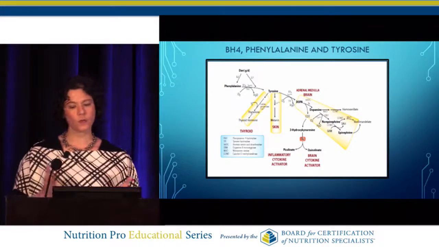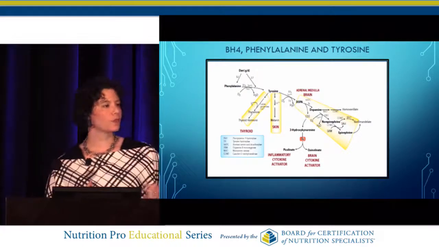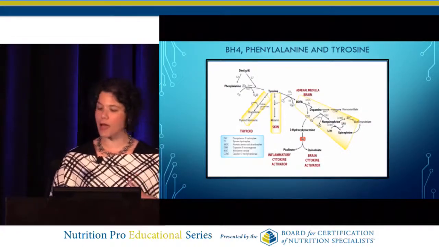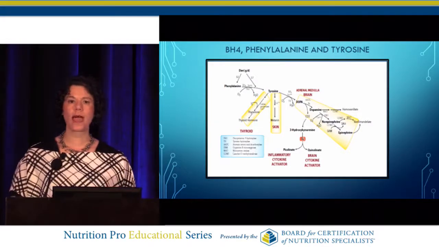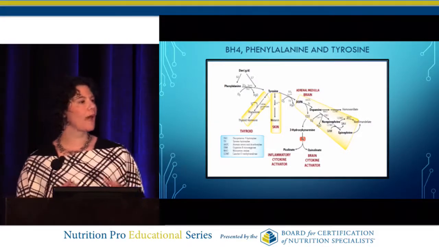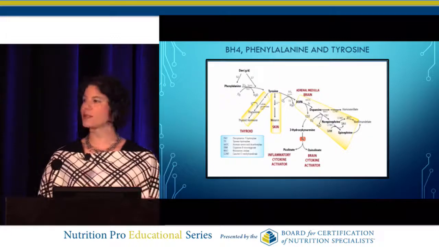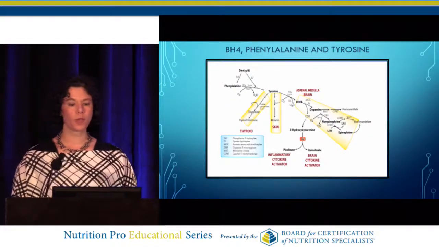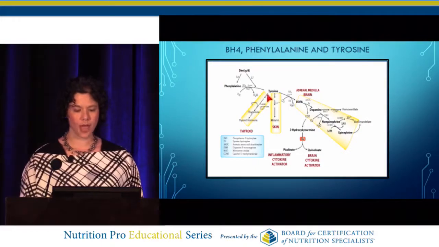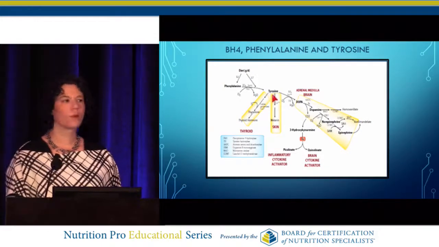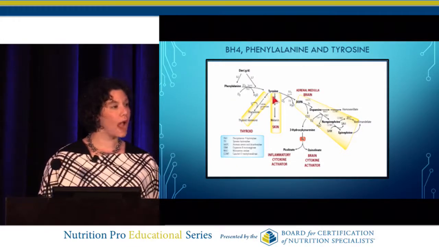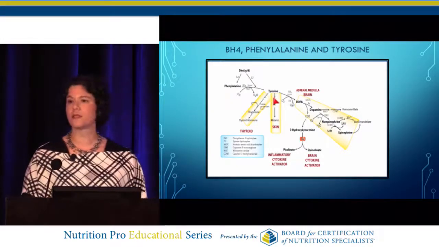We're going to talk about the creation of dopamine, norepinephrine, and epinephrine, as well as its catabolism later on, but I also want to point out that when we think about any one pathway or amino acid or enzyme, these aren't typically used only one place in the body. For tyrosine, it's very important to remember that it also is going to be integral for production of our thyroid hormones as well as melanin in the skin.